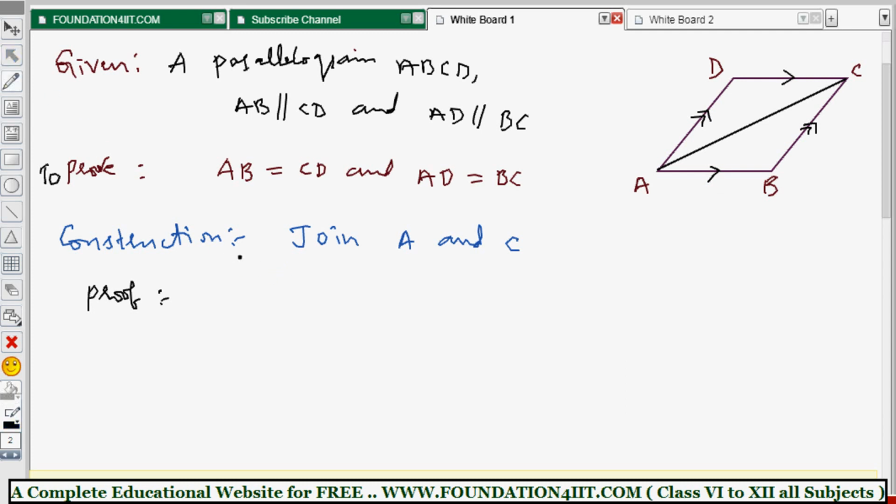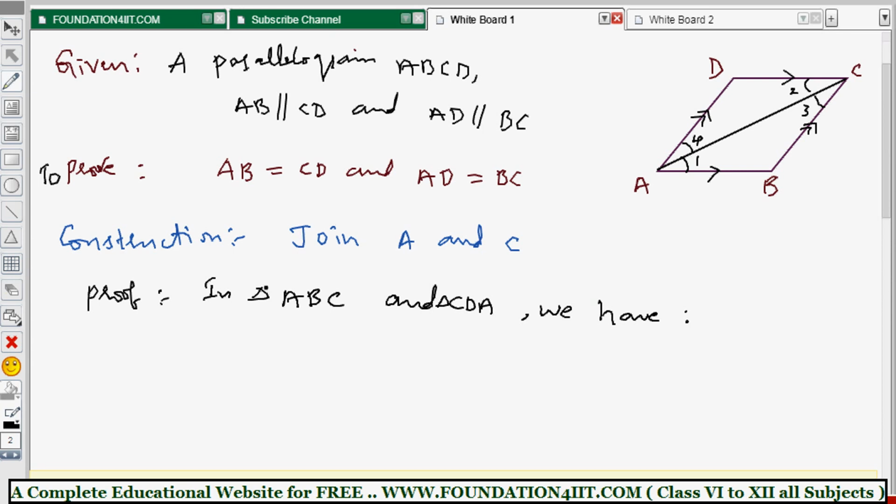So before starting the proof, in triangle ABC and triangle CDA, from these both triangles we have angles. Okay, mention the angles. Here are two angles and here are two. So this is angle 1, 2, 3 and 4.